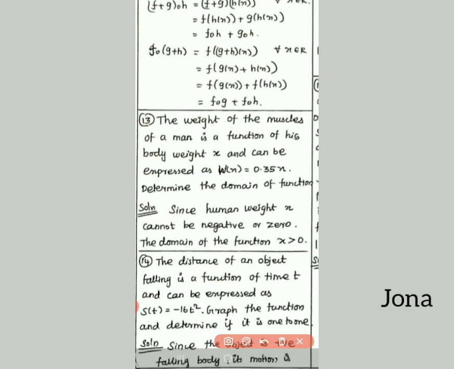So here the function is given w of x equal to 0.35x. We want to find the domain of the function. So always this human body weight will be positive. It cannot be negative or 0. So the domain of the function is x greater than 0.